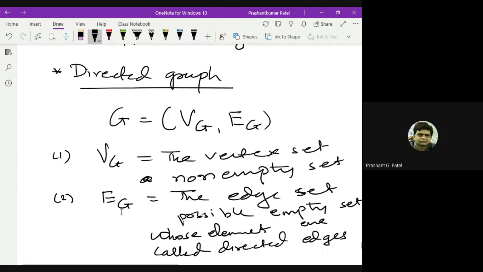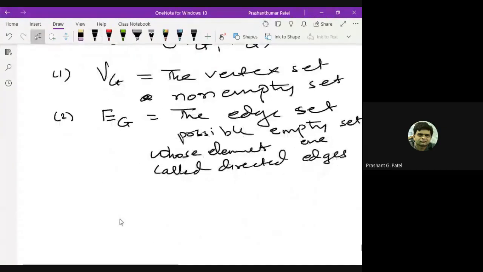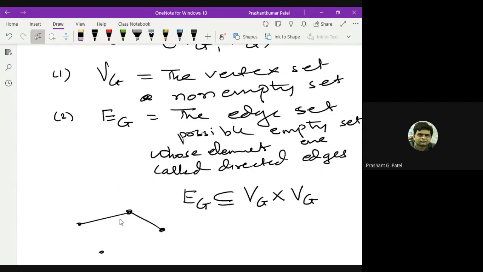Okay, and each is assigned an ordered pair. E(G) is a subset of this. For example, this is a directed graph. Example of a directed graph.